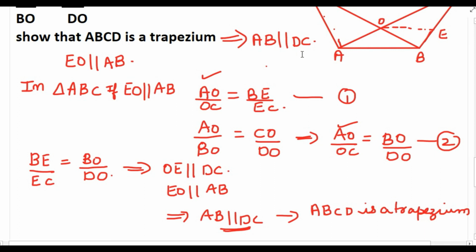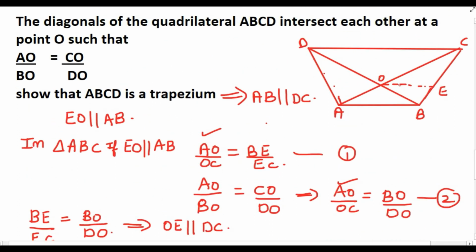We need to show AB is parallel to DC. For that we have done the construction: OE is parallel to AB. So by Thales' theorem I can write AO divided by OC equal to BE divided by EC. Again, we have to use the given data, so I have used that data. Left side is equal, therefore the right side will also be equal.